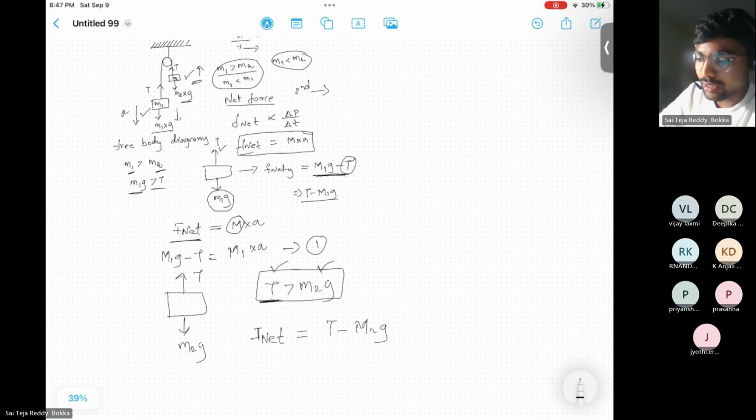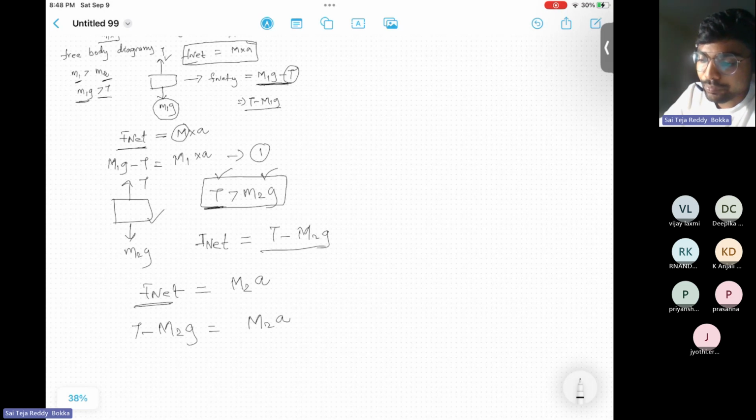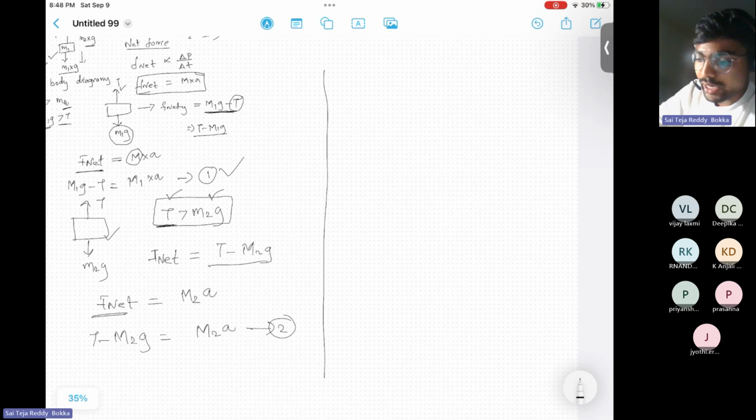So here net force along with the vertical component for mass 2 will be equal to M2A. So net force along with the vertical component that we are taking, T minus M2G is equal to M2A. So this will be your equation 2 and this will be your equation 1. So by solving equation 1 and 2, what you are getting now?